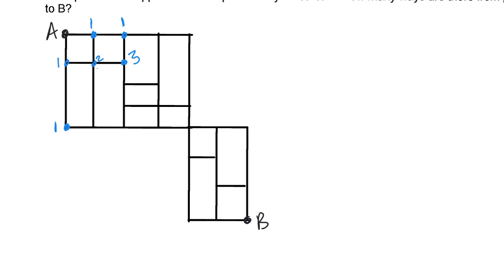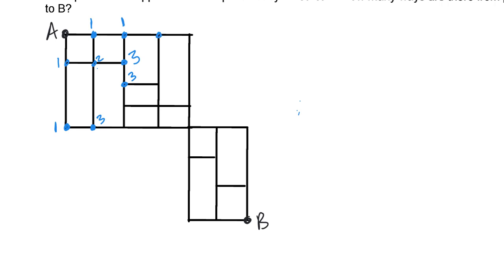And then 2 plus 1 gives us 3 in this spot. And then to get to this intersection here, there is only one way to get there, because if we went this way and then this way and back up, it would be going backwards. So we can't use that. So there's only 3 ways to get to this spot.